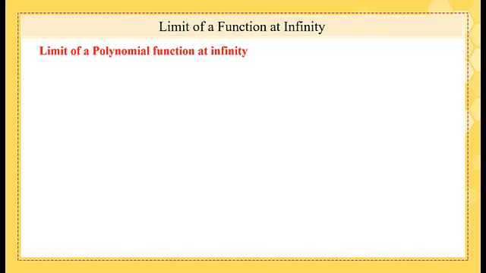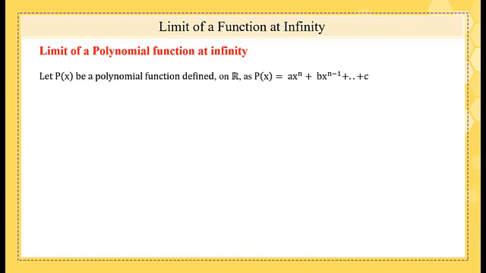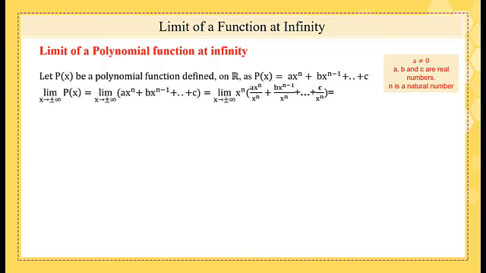Now, how to calculate the limit of a polynomial function at infinity. Let p of x be a polynomial function defined on the real set R as p of x equals a x^n plus b x^(n-1) plus c, where a is a non-zero real number, a, b, and c are real numbers, n is a natural number.